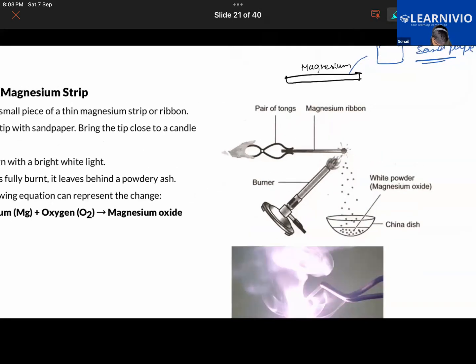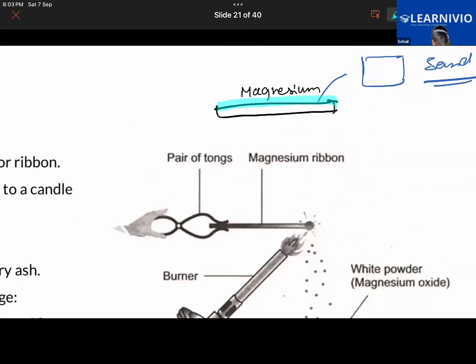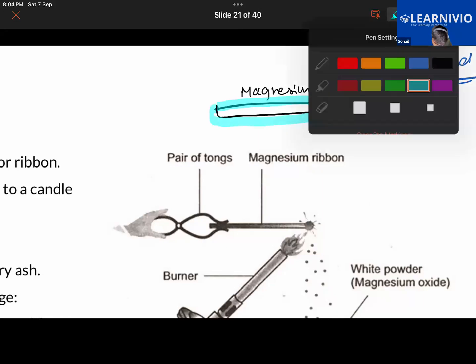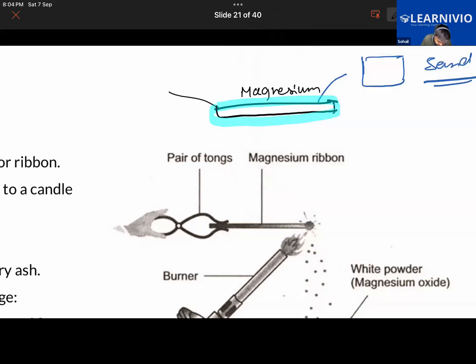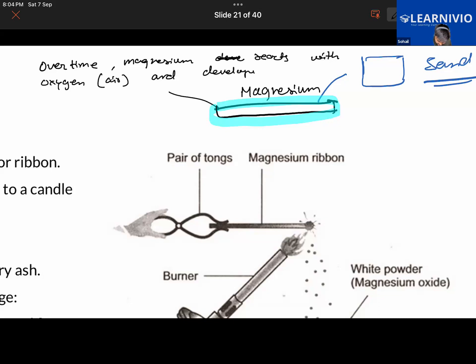So let's say there's a layer of magnesium oxide that has developed over it. The thing is that over time, magnesium reacts with oxygen from air and develops a layer of magnesium oxide.